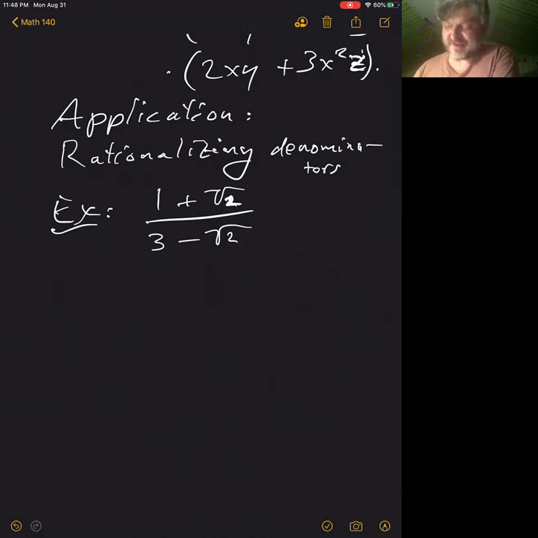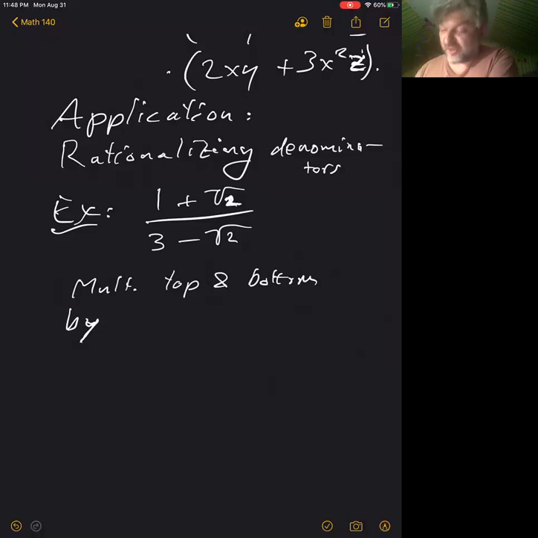So rationalize the denominator is the name of the topic. And the trick is: multiply denominator, numerator, top and bottom, by 3 plus square root 2.